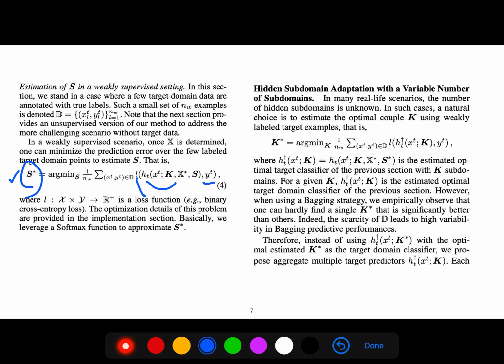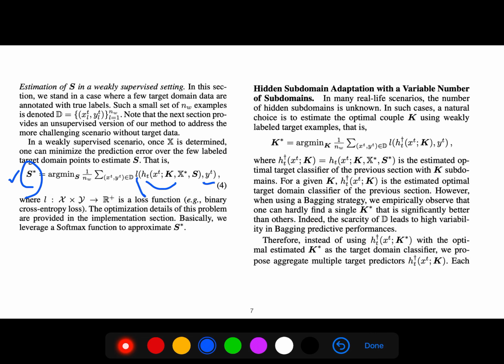Hidden subdomain adaptation with a variable number of subdomains. So until now we know what we do, but what do we do when we have a variable number of subdomains? In such cases, a natural choice is to estimate the optimal couple K using weakly labeled target examples.